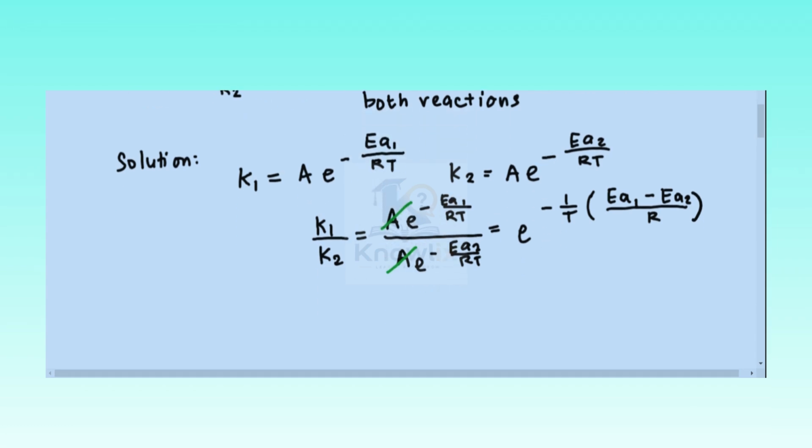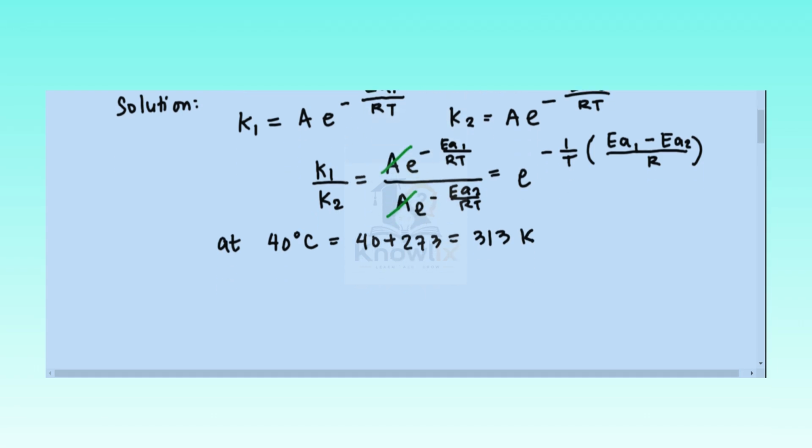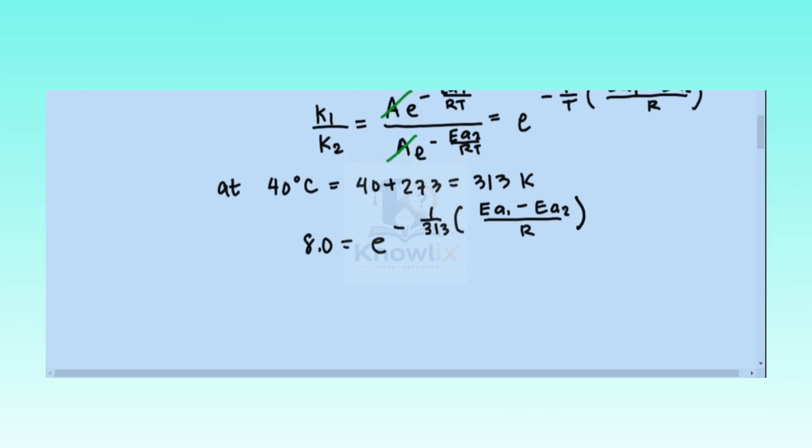So at 40 degrees Celsius, since we should have it in Kelvin, we add 273 to it, that means 313 Kelvin. k1 over k2 is equal to 8, so e to the negative of 1 over 313 times Ea1 minus Ea2 over R. What I'm going to do here is solve for an equivalent value for Ea1 minus Ea2 over R. We will do that by taking the natural log of both sides.